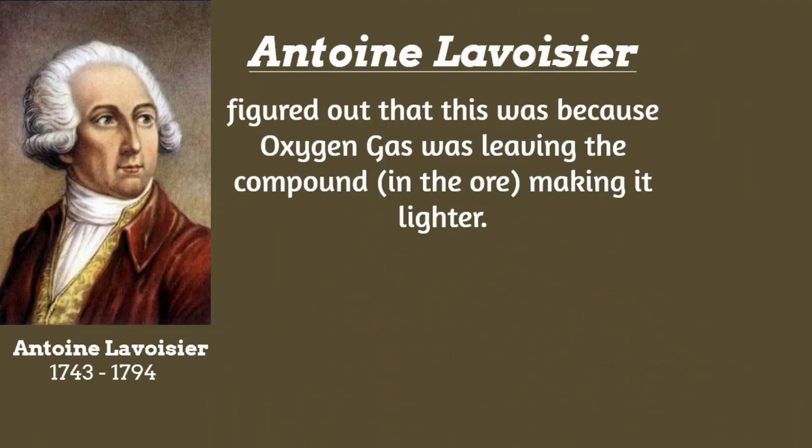A French chemist named Antoine Lavoisier, the man who discovered carbon, oxygen, and silicon, figured out that this was because oxygen gas was leaving the compound, making it slightly lighter. Now, what he didn't know was the actual chemistry behind it. Oxygen is the quintessential oxidizer.